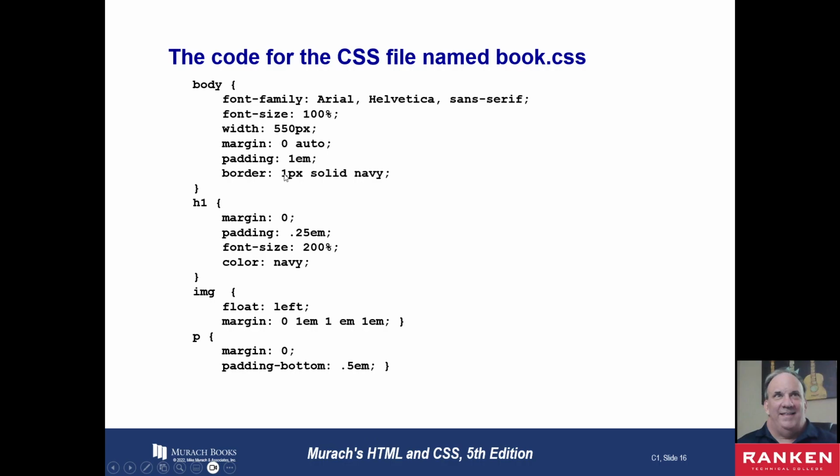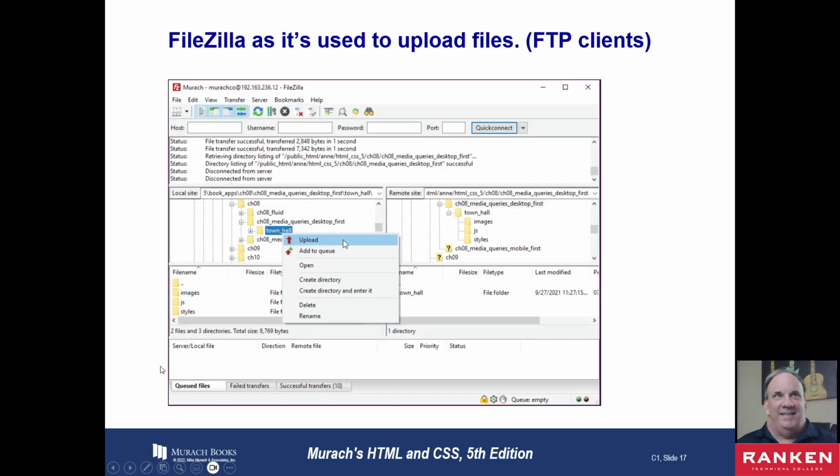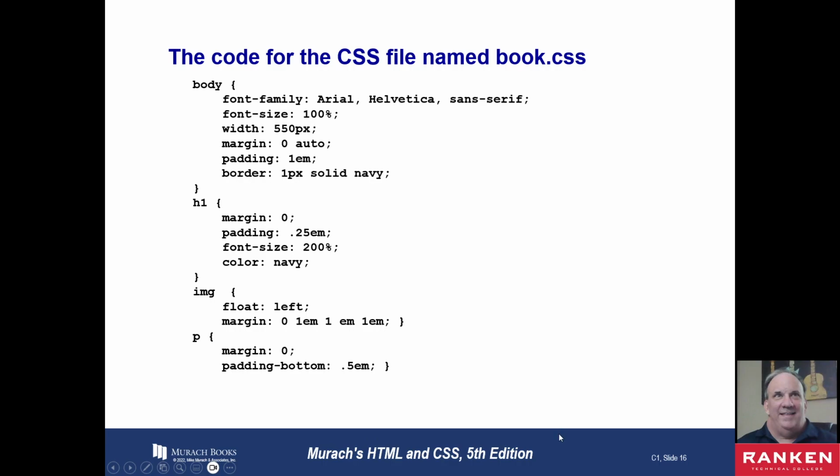This is what we want to use for the image tag. This is what we want to use for the paragraph tag. Okay. Let me look at a little more here, just to give you an idea. This is just a quick little run through.